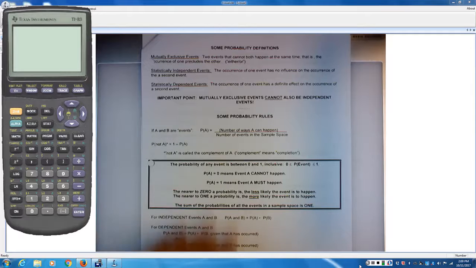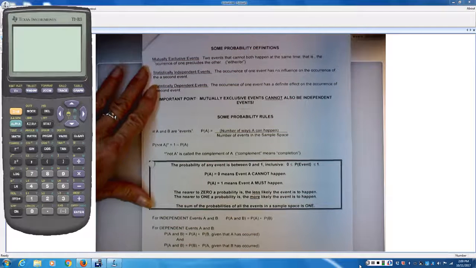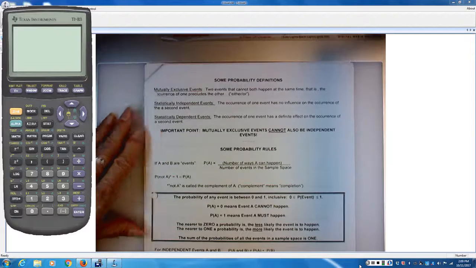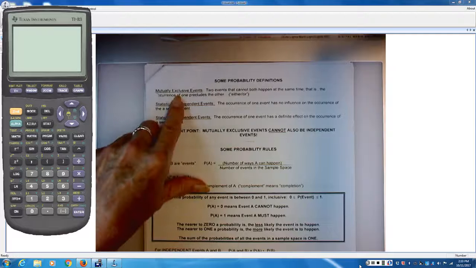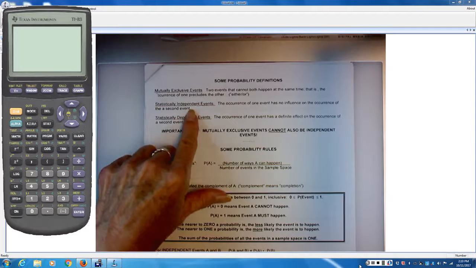So just read over these. I'm going to mention those briefly as we go through the rest of what we're going to do. The main thing I'm going to point out to you right now, because these are some common mistakes people make: mutually exclusive does not mean the same thing as statistically independent.